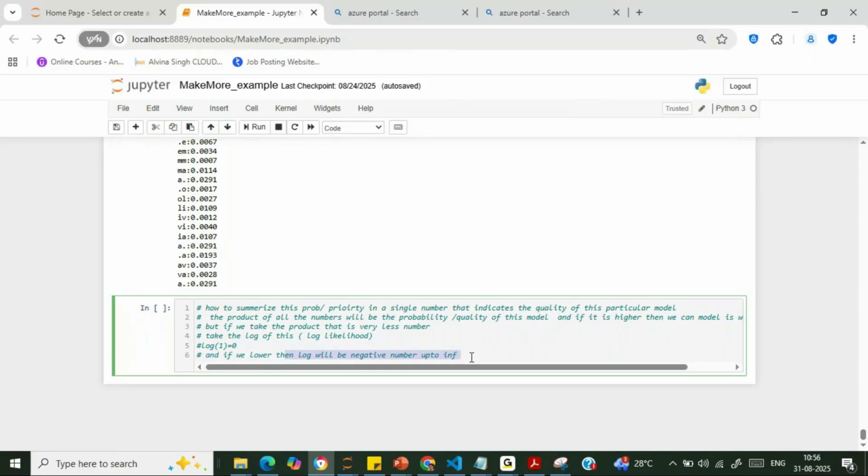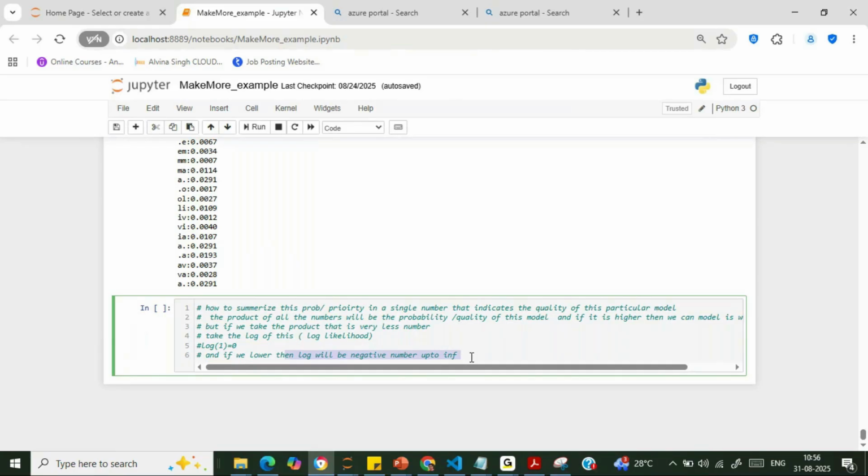The log of 1 is 0, and if we go negative, the log of that will move towards infinity.